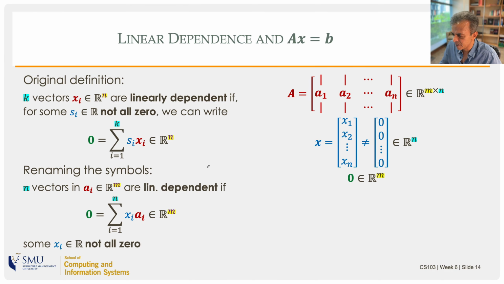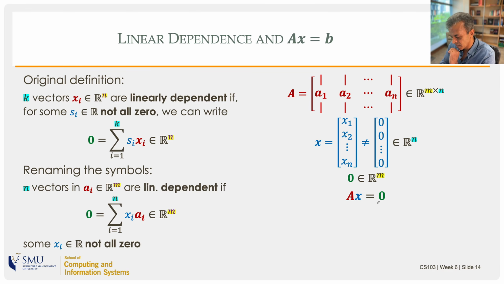And if we can write Ax equal to 0 with x not being the 0 vector, then for the vectors that we were trying to find the linear independence of, if this equation has non-trivial solutions, then the vectors are linearly dependent. If the only solution this has is when x equals 0, then the vectors are linearly independent. Very important to get that straight and know.